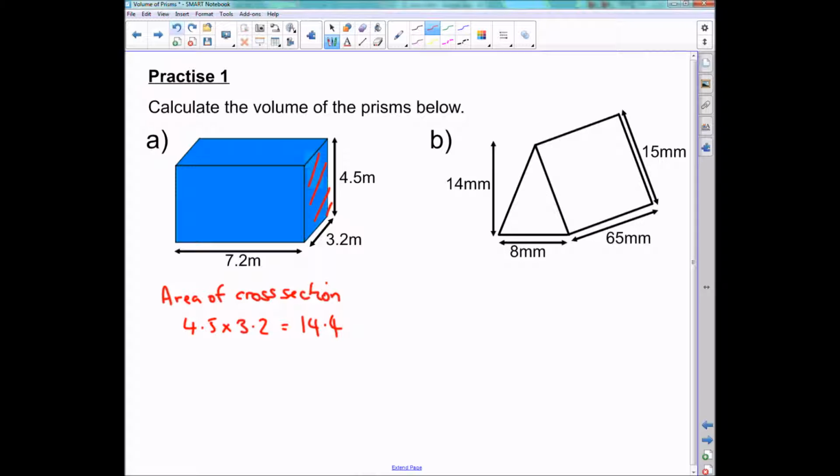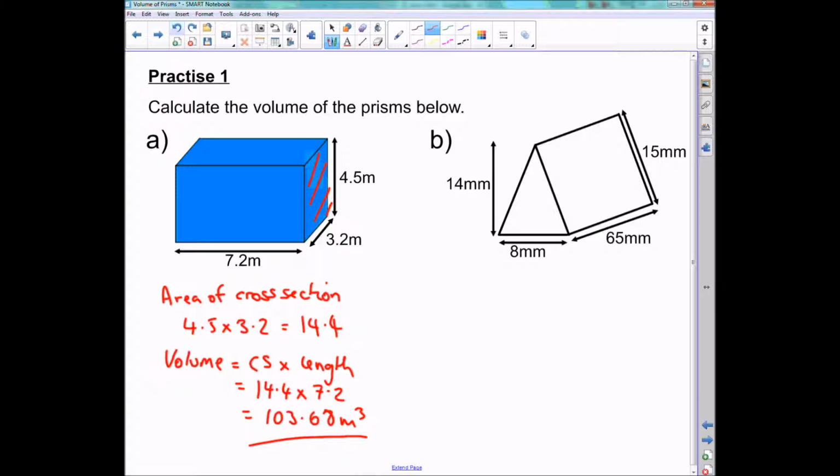Now to get the volume, I need to do the cross-section times the length. Again, with any formula, it's always worth writing it down because you do get method marks for these sorts of things. So the cross-section was 14.4 and my length is 7.2. I just need to multiply those two together and I'll get my volume, which is 103.68 meters cubed.